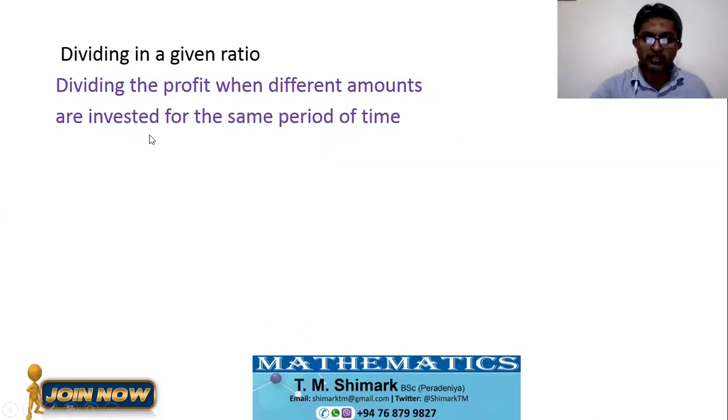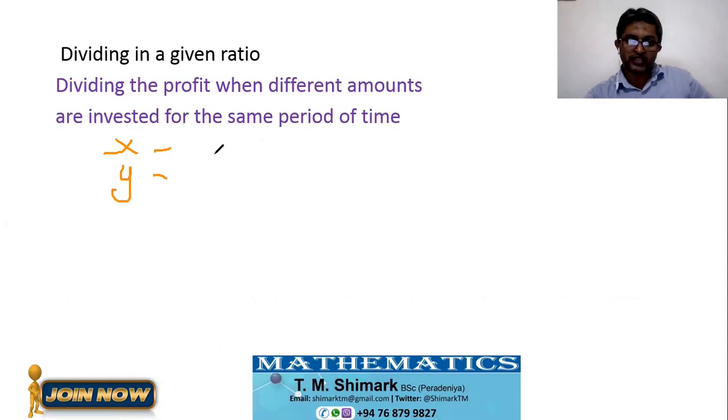Next, dividing the profit when different amounts are invested for the same period of time. That is one thing we are going to see. X and Y are investing. X is investing, let's say, 100 rupees, and Y is also investing 100 rupees.